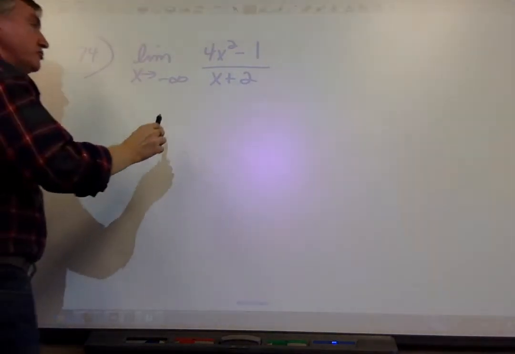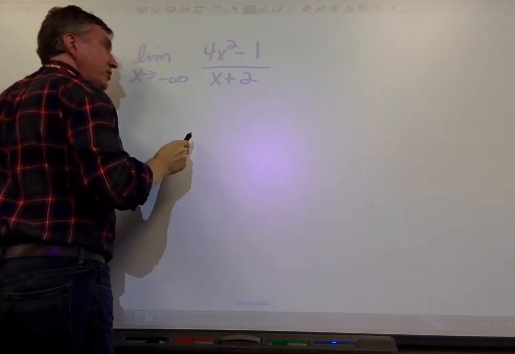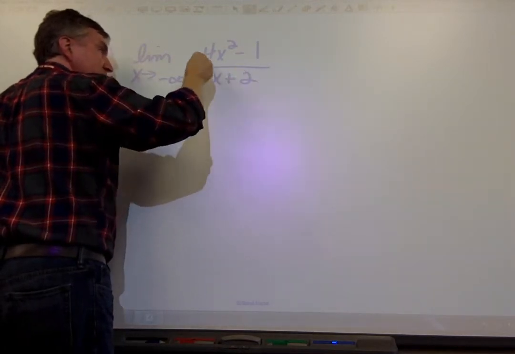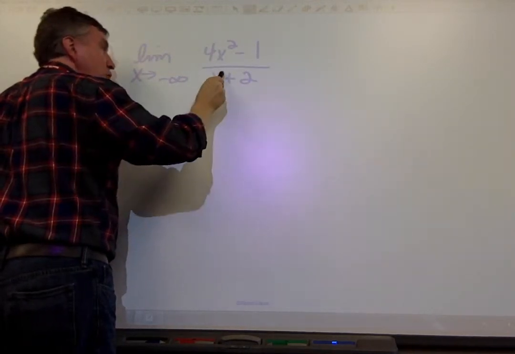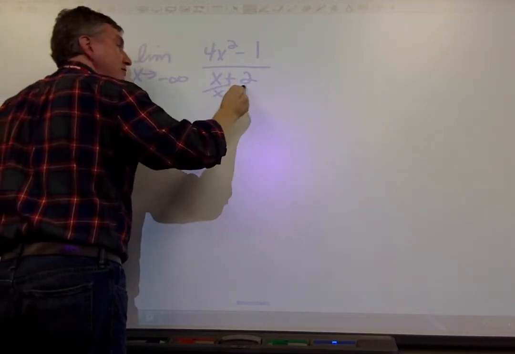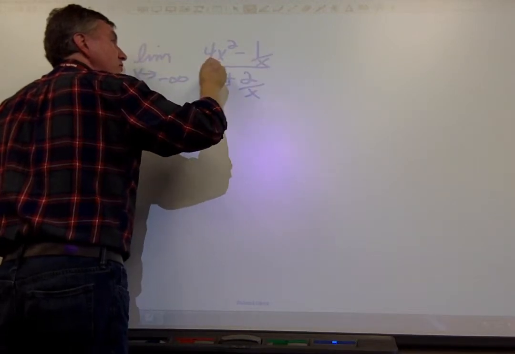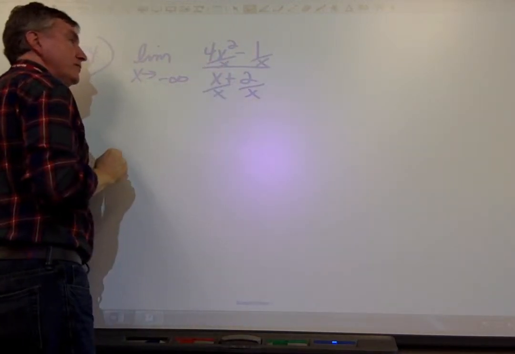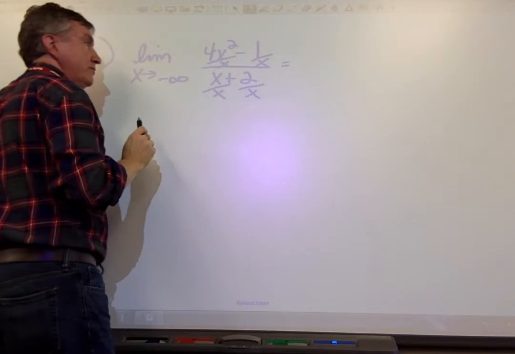If I use that little trick that I just erased, what would I do to all these parts? What's the highest power of x in the denominator? So I'll divide by x over x over x over x. What does that simplify to?